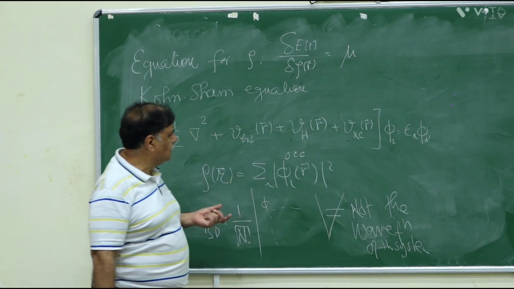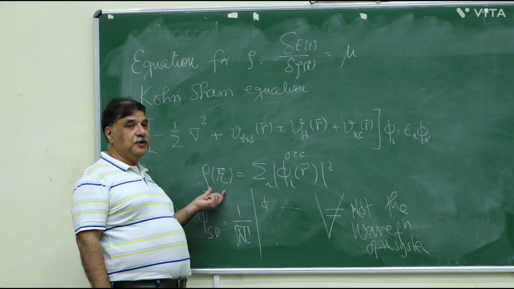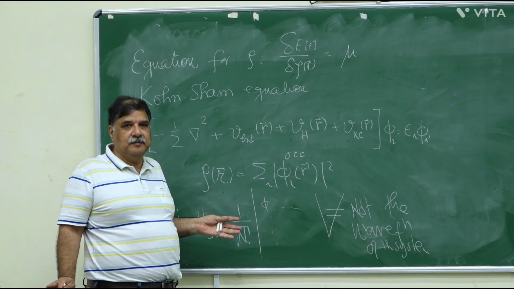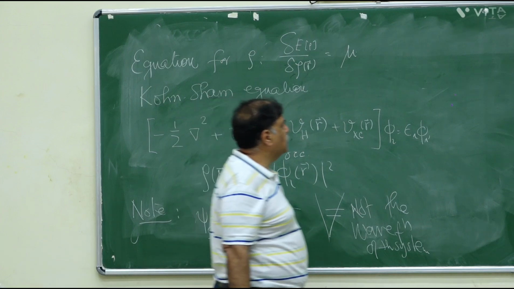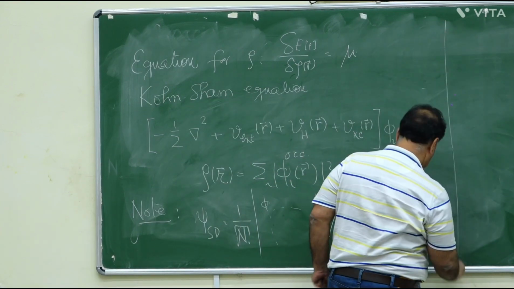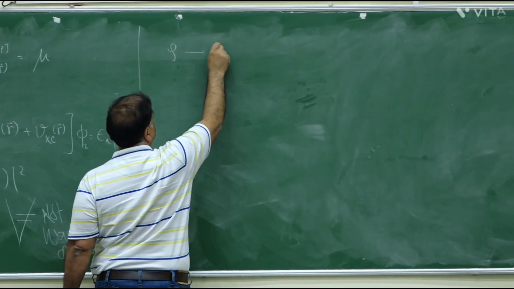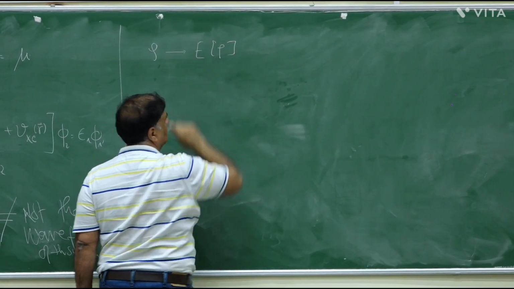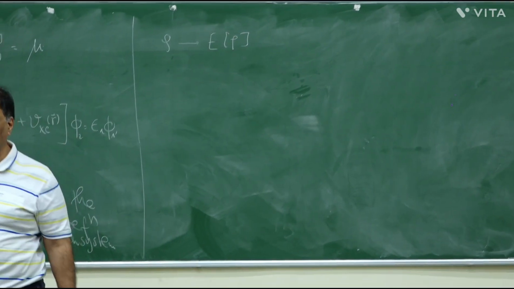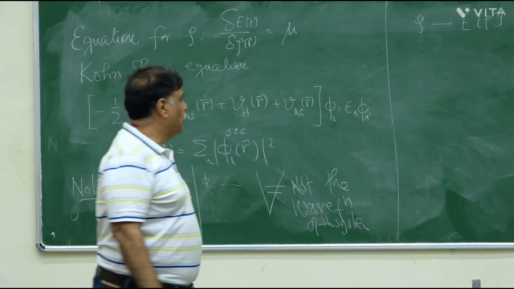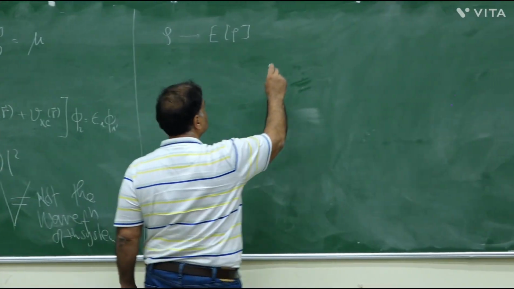This is an auxiliary system that, through phi, gives me rho(r). That's all, nothing else. And once you get rho, it gives you the energy E[rho]. This is the root of Kohn-Sham. It also gives you the epsilon_i's.